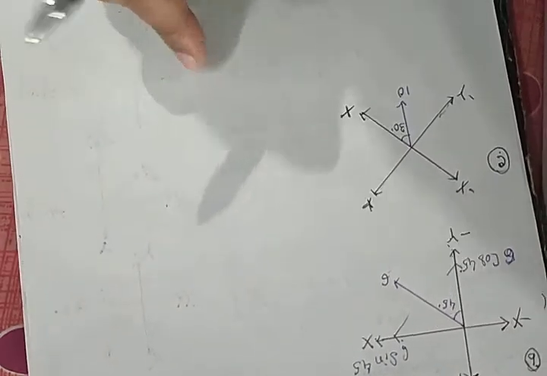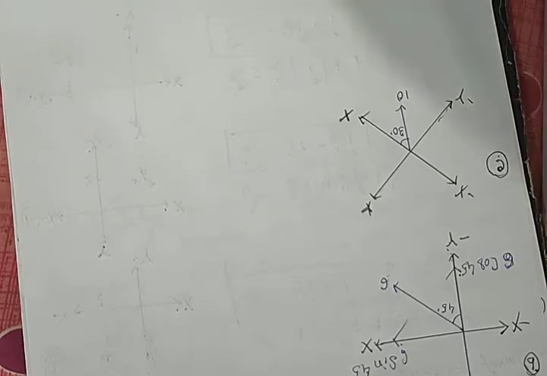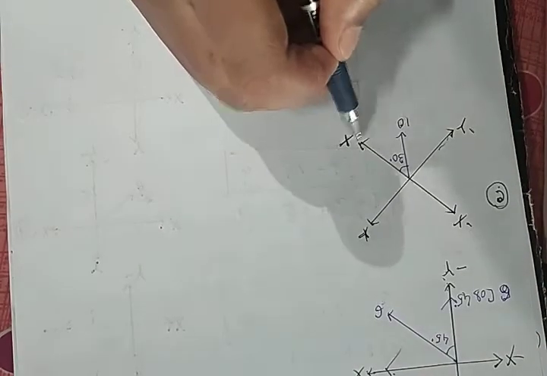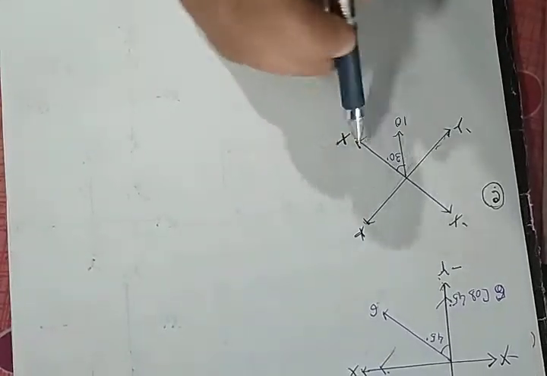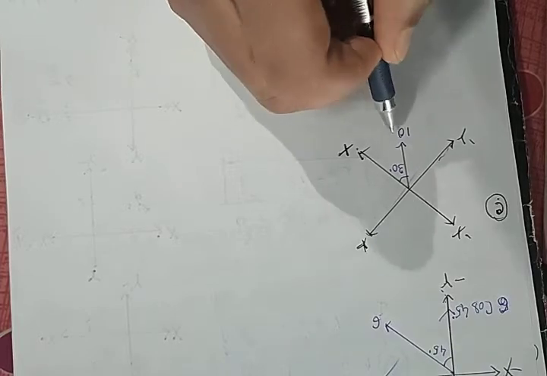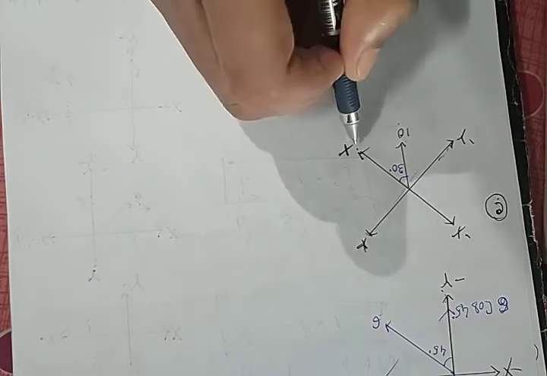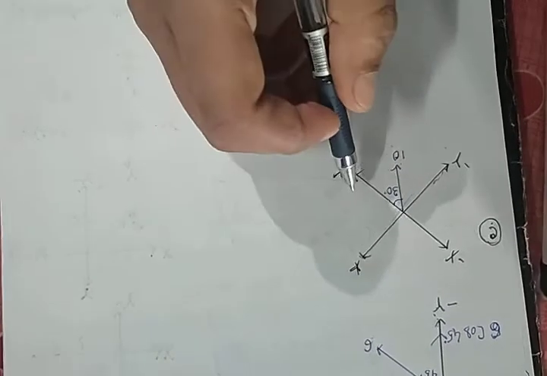Now the third or final case. Here you just have to resolve. This is your x-axis, this is your y-axis. This vector is lying between the positive x-axis and the negative y-axis. So which one will be cos, which one will be sin?